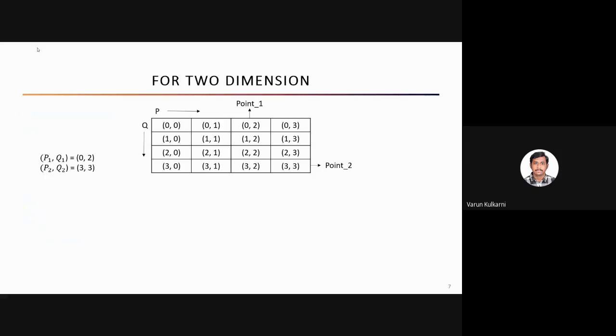To calculate the distance between these 2 points, we use the two dimension formula, that is P2 minus P1 whole square plus Q2 minus Q1 whole square. Substituting those values, at the end we get approximately 3.16 as the answer.